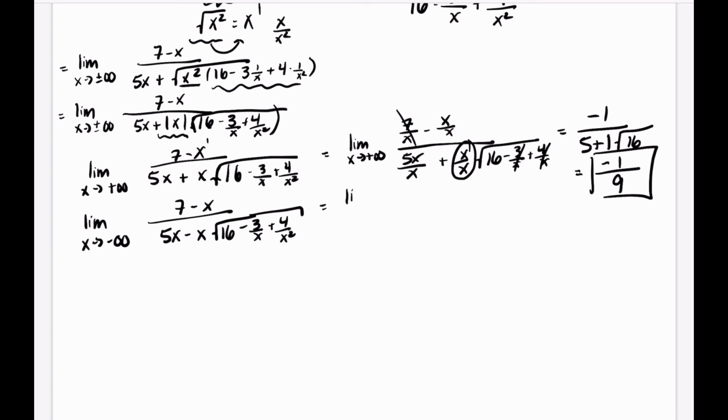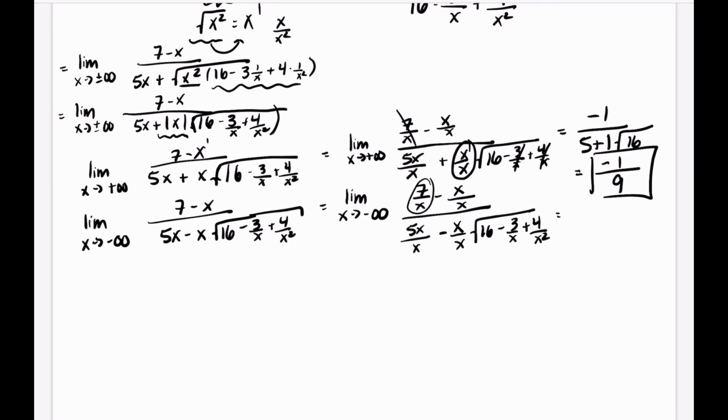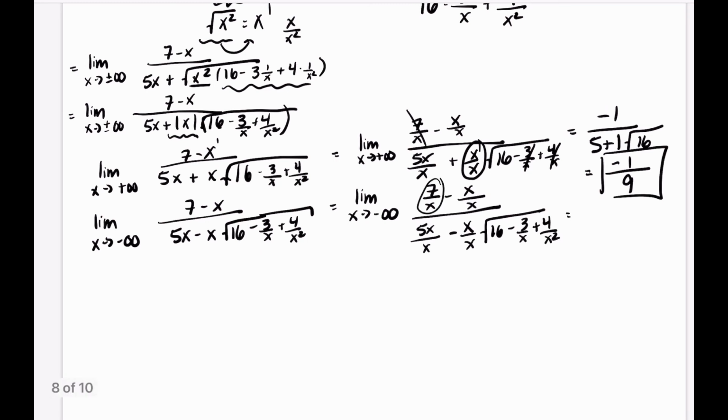So dividing all those terms by x again, because my highest power is still x to the power of 1. So on my top, I'm still going to get the same thing here, but my denominator is now different. So I still have 5x divided by x, but now I have subtract x over x, root 16 minus 3 over x, plus 4 over x squared. So filling my values in now, 7 over x is 0, and then x over x is negative 1.